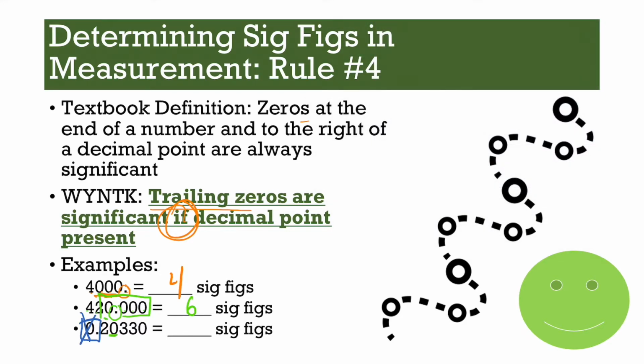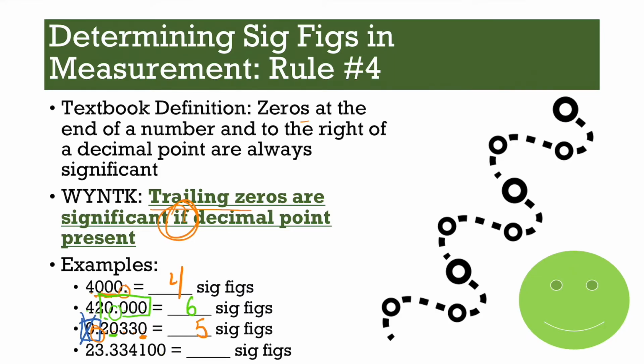This 0 is significant because it is a sandwich 0. So we like that one. This one in orange is also significant because it's a trailing 0 and there is a decimal point. So in total in this example, we have 1, 2, 3, 4, 5 significant figures.